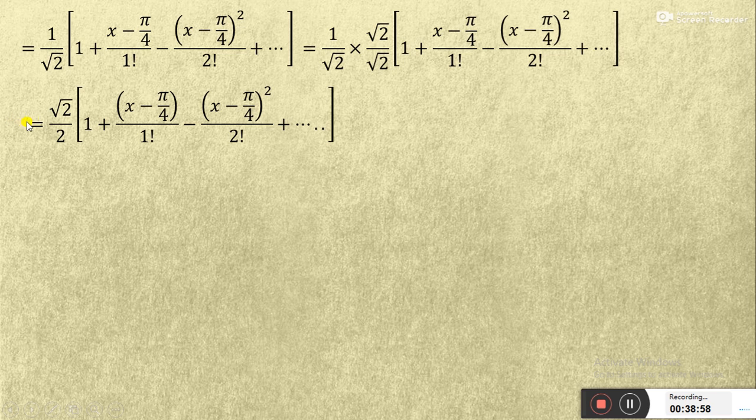So the sin x answer is root 2 by 2 into 1 plus x minus pi by 4 by 1 factorial minus x minus pi by 4 whole square by 2 factorial plus etc.